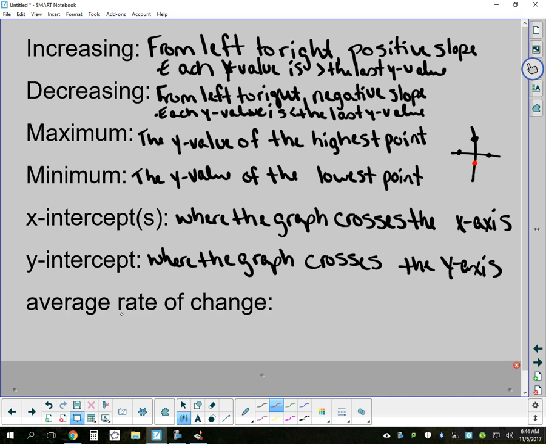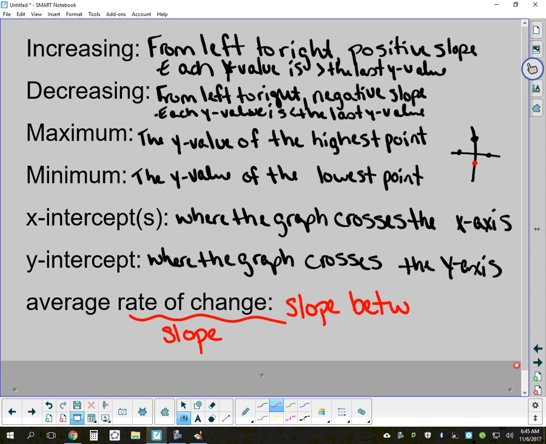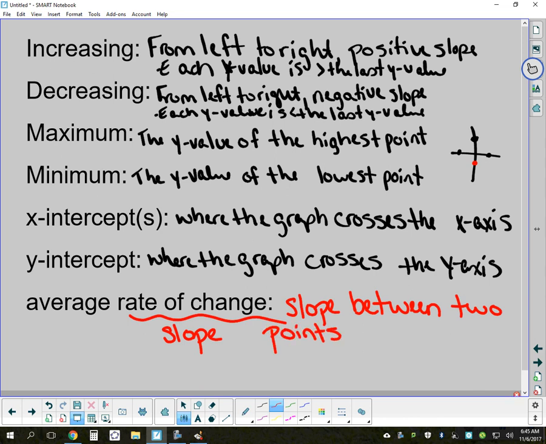And then average rate of change. Remember what rate of change means. Rate of change is just a different term for slope. Average rate of change is the slope between 2 points as if a line connected them.